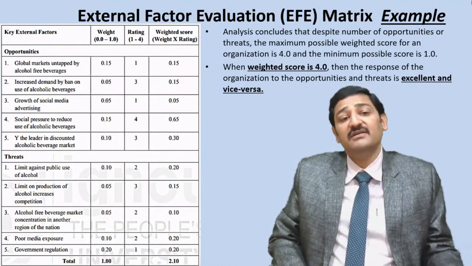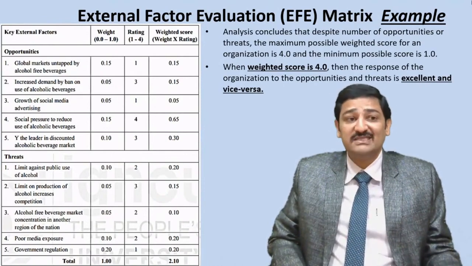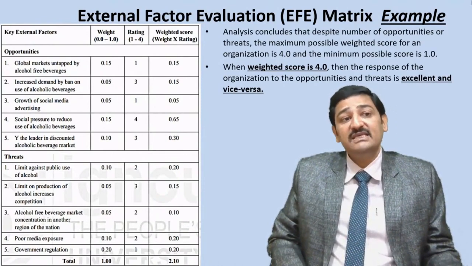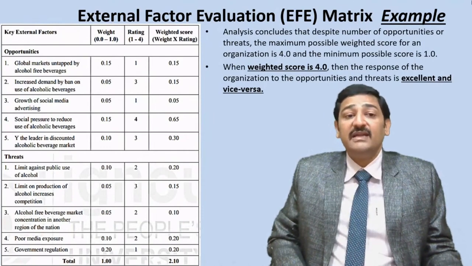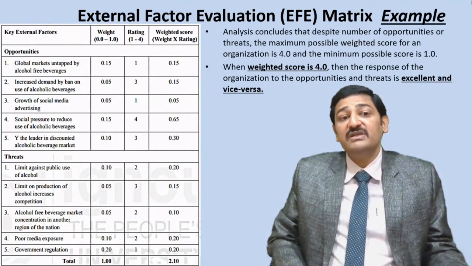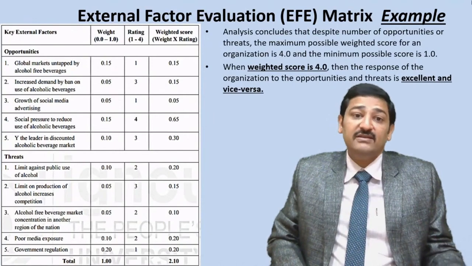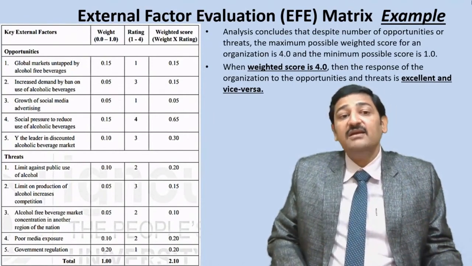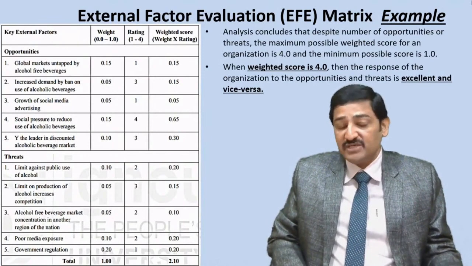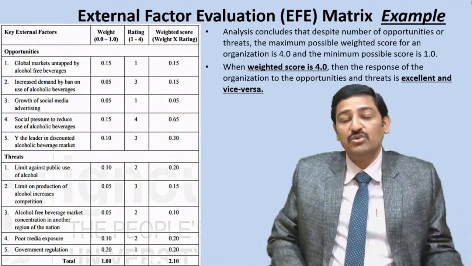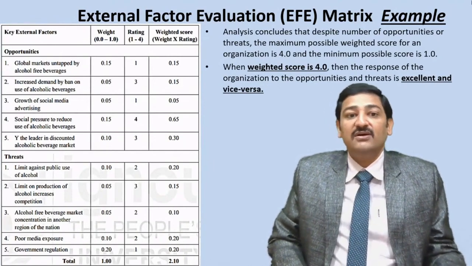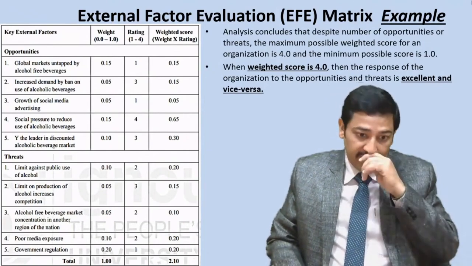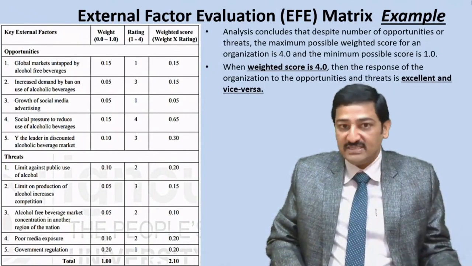The rating is also assigned to each of these key external factors, between 1 and 4, and the weighted score is calculated, which is the weight and the rating multiplied. Based on that, if we add the total score, then we can analyze that the total weighted score of this firm is 2.10.